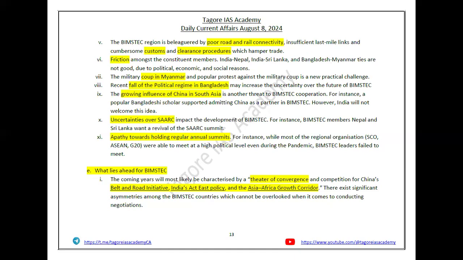But then the countries themselves, individually, if we see bilaterally, have their frictions. So those frictions also come to the fore in such forums. We have seen in Myanmar there was a military coup, and again in Bangladesh also, at present, the army is in charge.